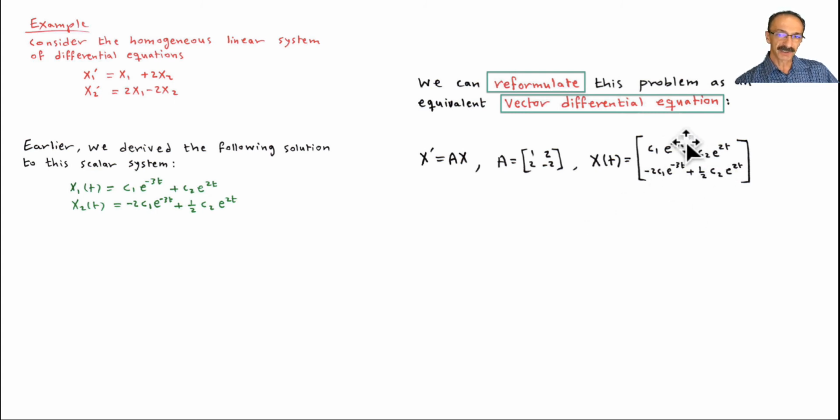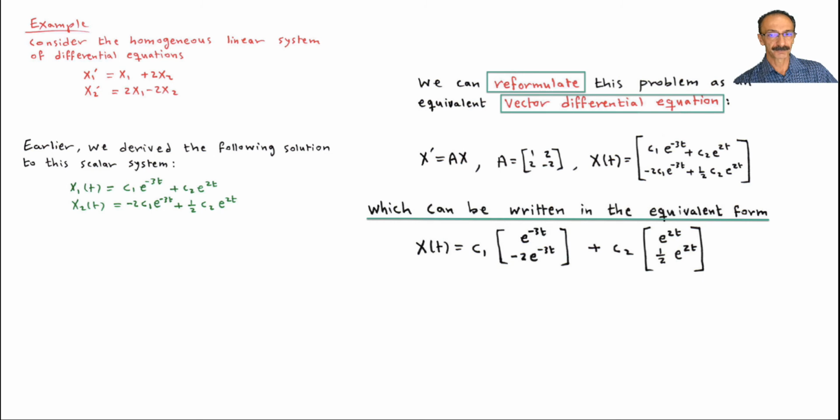Now notice if I play the game here and I split them, make them an addition between, and after that from this right here I take c1 out and I take c2 out from here, this is what I end up with, which can be written in the equivalent form: x of t equals c1 times what's left right here, and c2 out from here, and I see the half, and I see e to the power 2t right there.